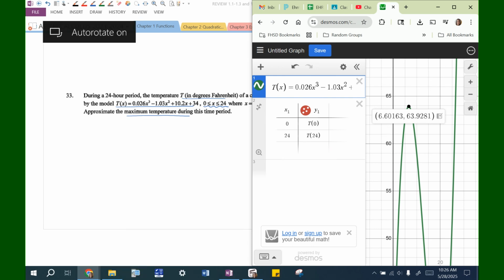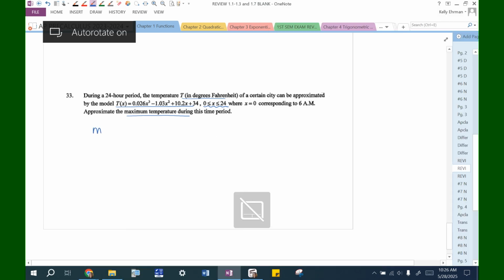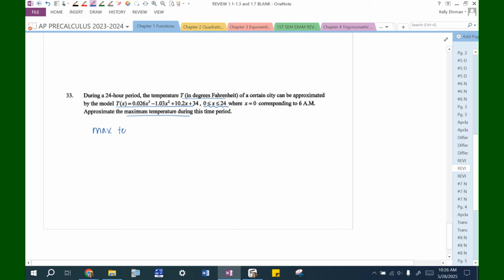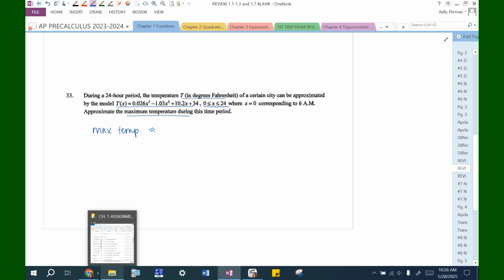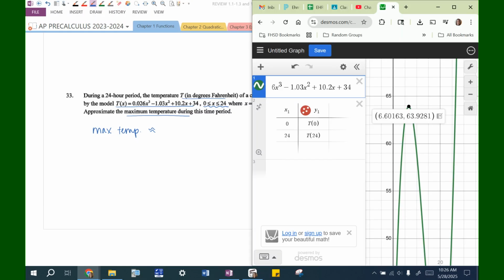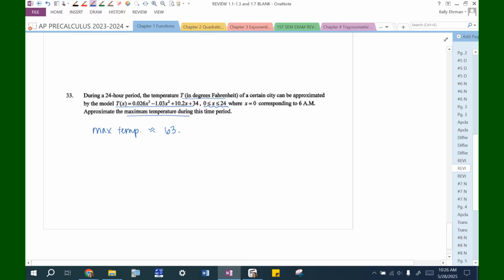So the max temp is about equal to, what was it? 63.928. And I need to label that degrees Fahrenheit, so I can use the degree symbol Fahrenheit, or you could write the word. That's it. It doesn't ask me what time or any of that.